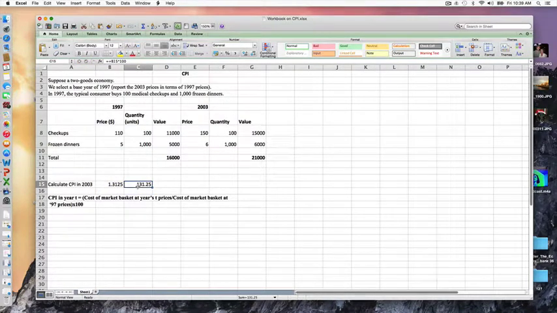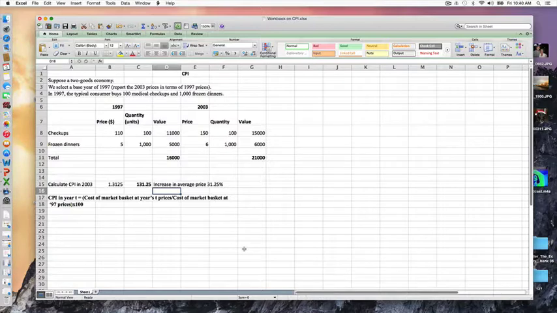And that's my consumer price index. And the interpretation, in words, is that we have an increase in average price. The increase in average price from 1997 to 2003 was, what's above 100, 31.25%. Okay, and we calculated the change in prices.